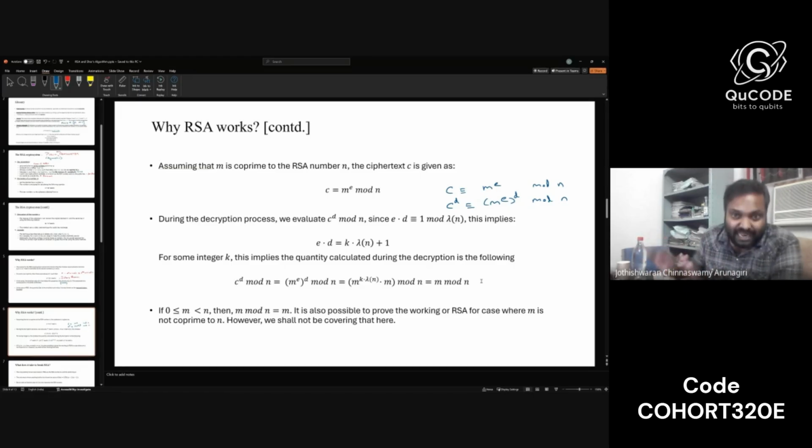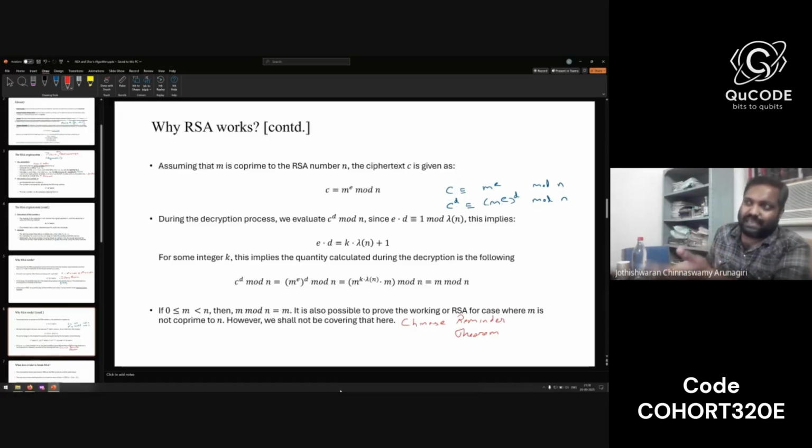Now, additionally, RSA also works if m is not co-prime to n. But again, I'm not going into the proof for that. The proof for this is obtained using what is known as the Chinese remainder theorem. This is a theorem about a system of equations in modular arithmetic.